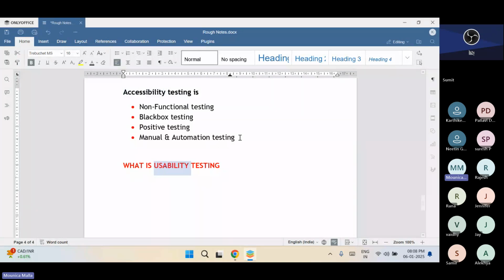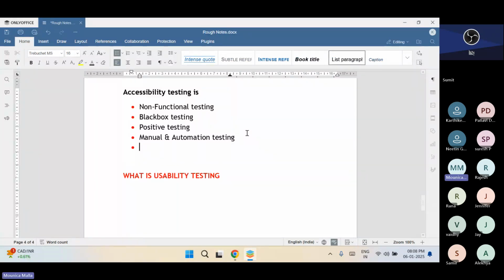So do not get confused when I say what is usability testing. Maybe I can write here: accessibility testing is a sub-testing technique under usability testing.